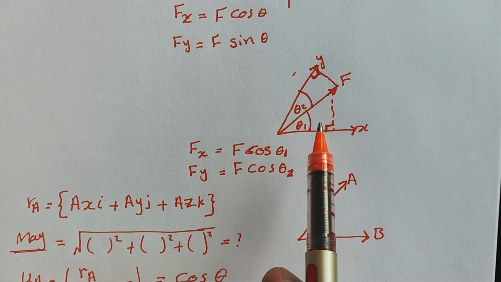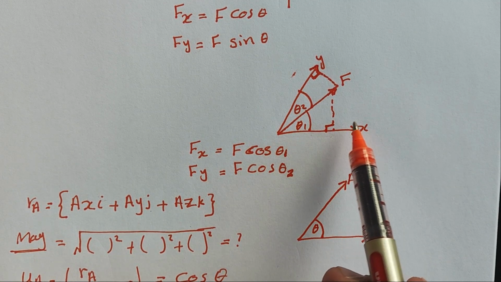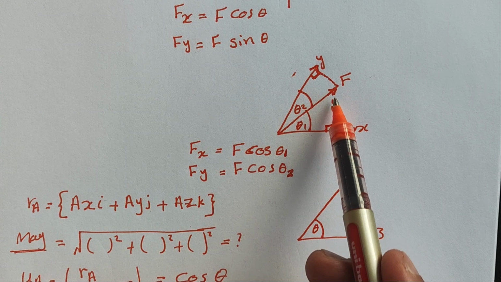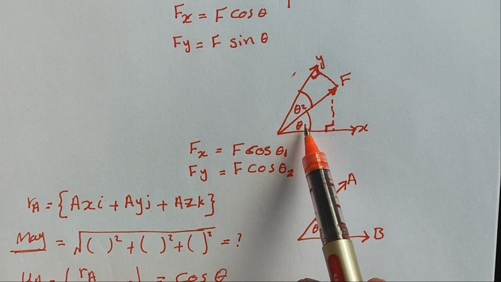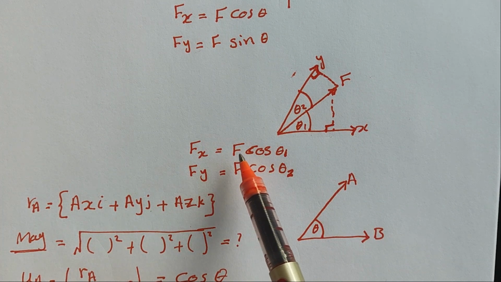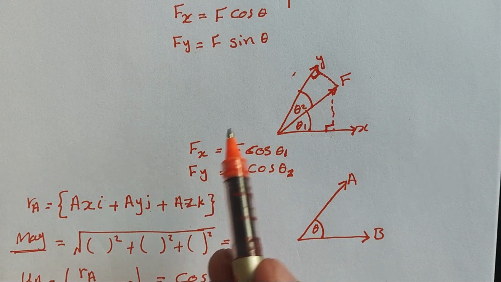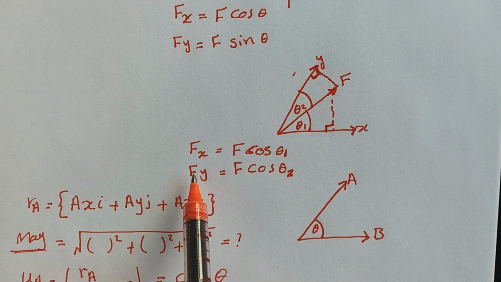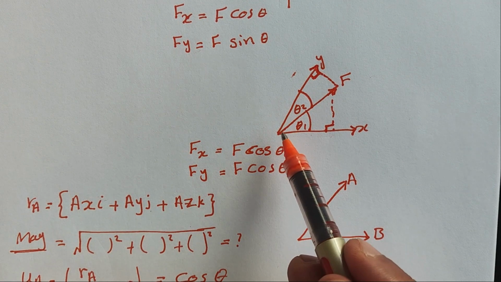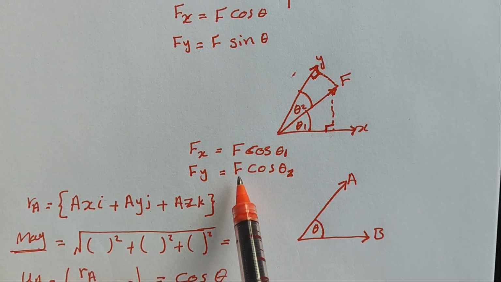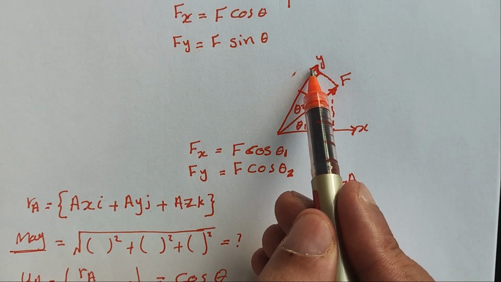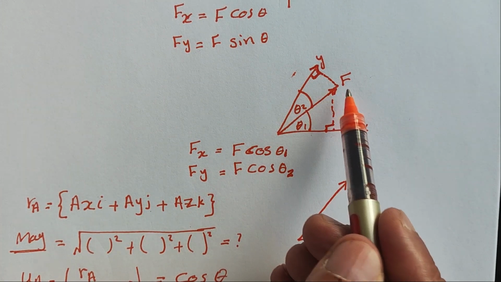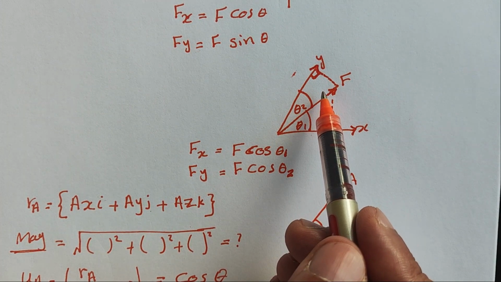Therefore, to solve for the component along the x-axis, again we make a right angle triangle, and we say that is F cos theta 1 for the force exerted along the x-axis. And for the projection along the y-axis, that will be F cos theta 2, because we're making a right angle triangle again for the second component.